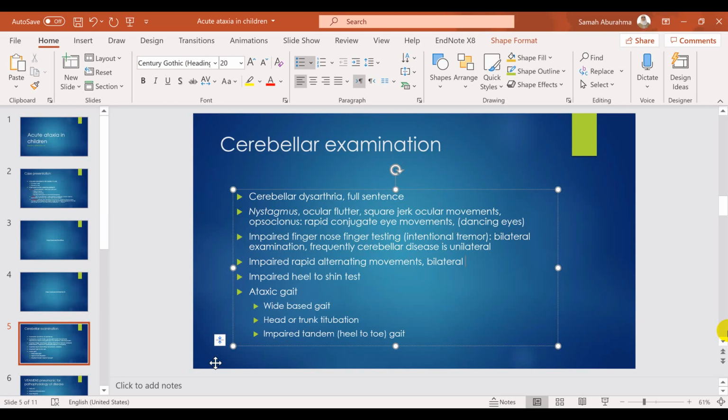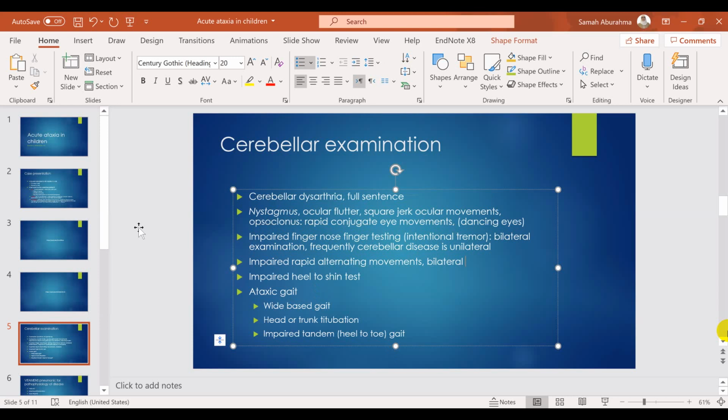Again, in the videos that I mentioned to you, in those two slides, you will see impaired tandem gait. Okay. So try to invest some time to look up some videos about cerebellar signs and how to perform a cerebellar examination. Any questions on the cerebellar examination?